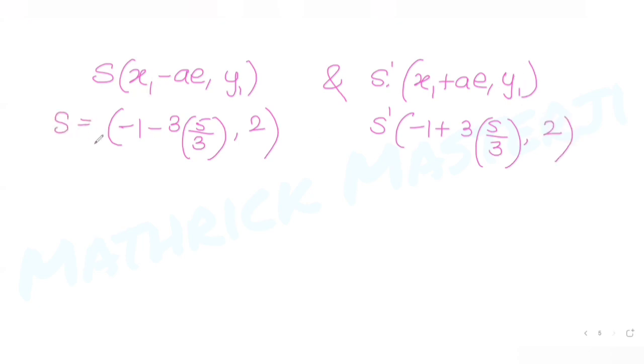So minus 1 and minus 5 makes it minus 6 comma 2, and here minus 1 plus 5 is 4 comma 2. So I have those two foci points here.